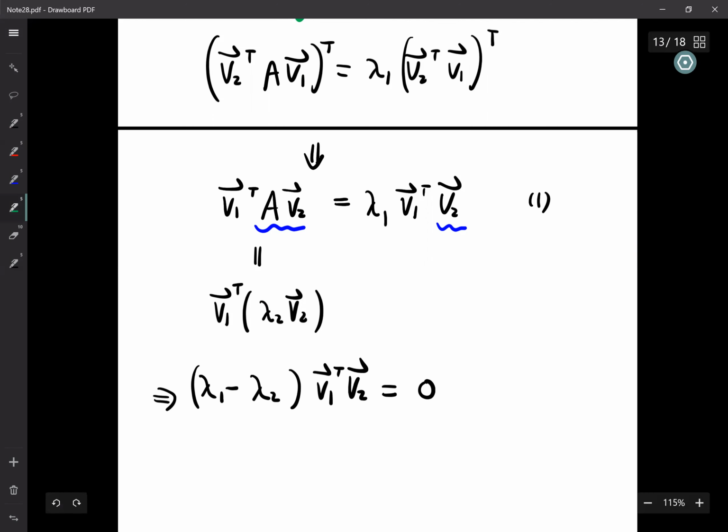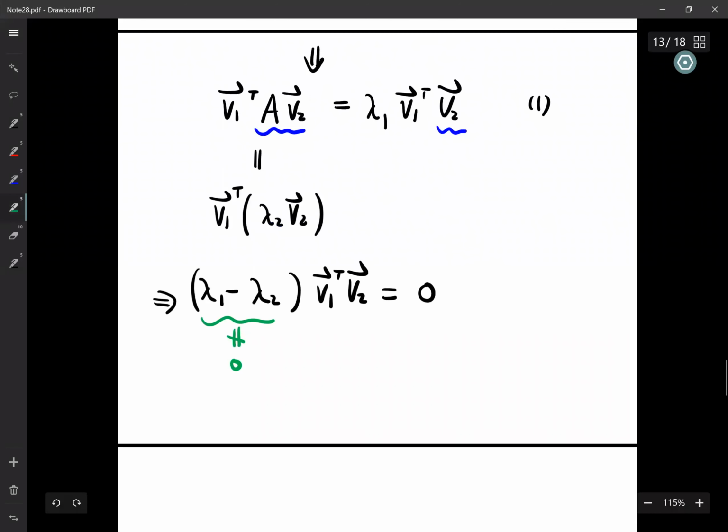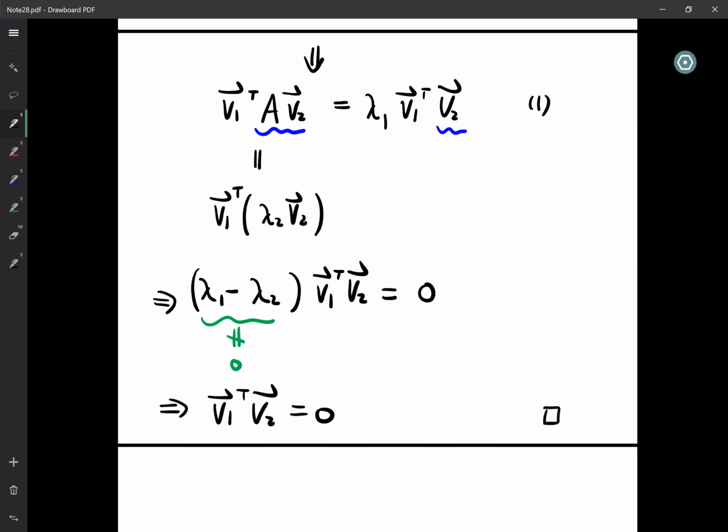But I said lambda 1 is not equal to lambda 2 according to our assumption, so we have V1 transpose V2 equal to 0. So they are orthogonal. And any non-zero vector, I can always normalize it, so I can even make them orthonormal. Any question?